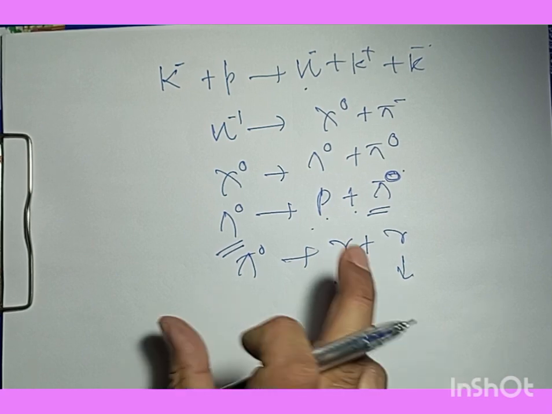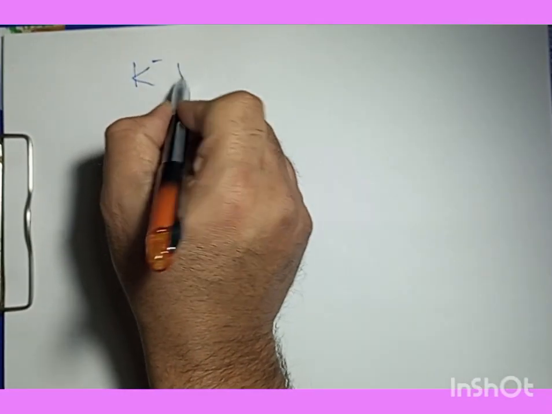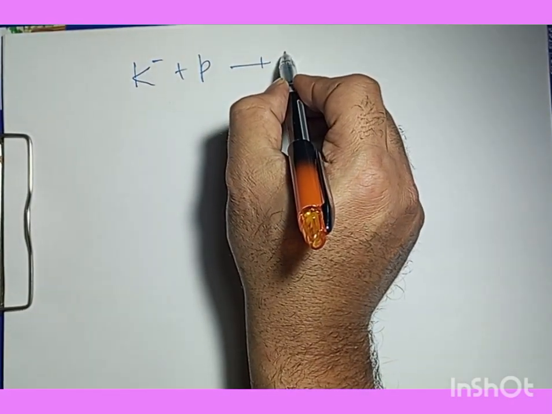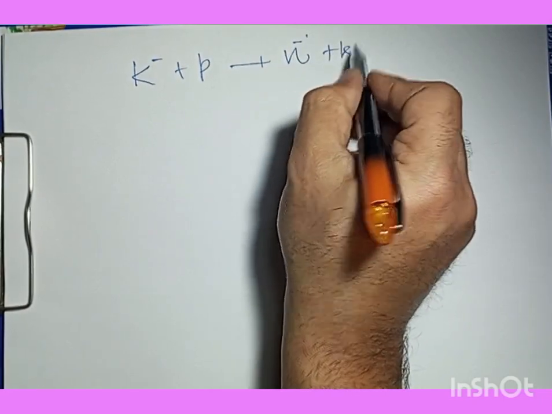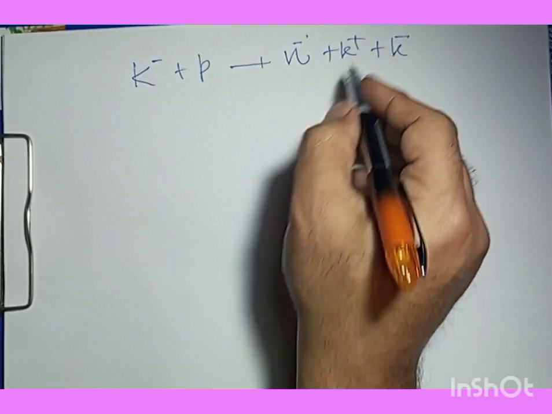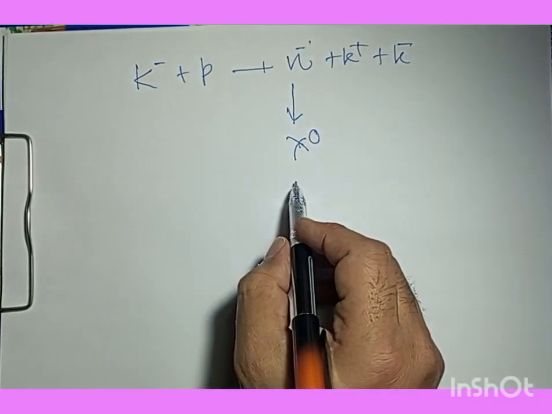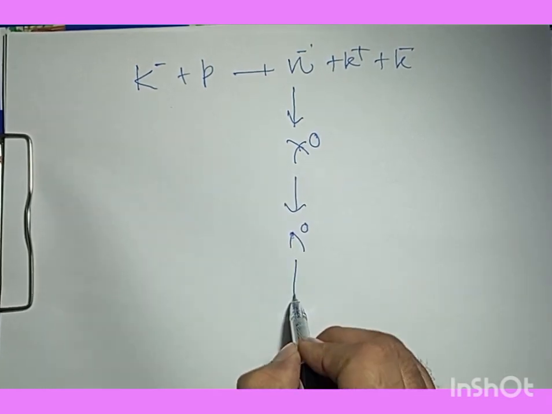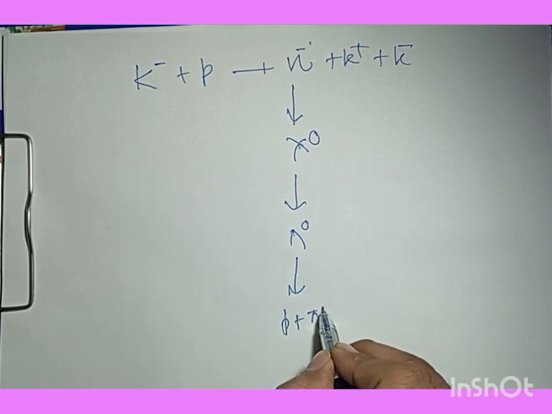So if I would like to summarize this in the simplest way, we have K negative and a proton. What we get here is a hyperon omega negative and K plus and K minus. And here we have chi naught and then lambda naught, and then a proton and pi negative.